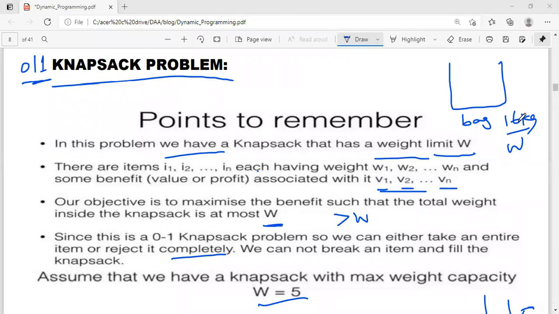In the same way, in the 0/1 knapsack problem, we cannot take a fractional value. You have to take the whole item in the bag, or not take the item at all, but you cannot take a fraction. This is the key point.